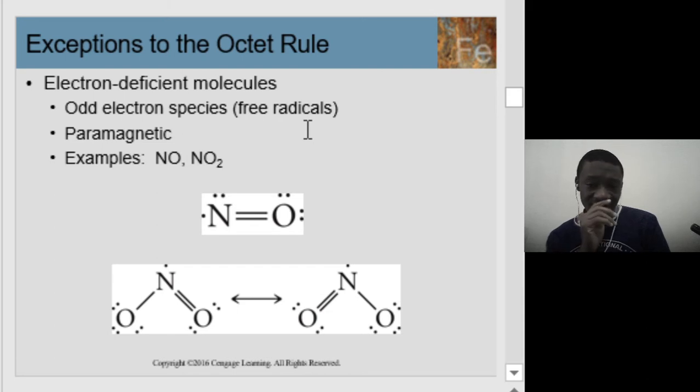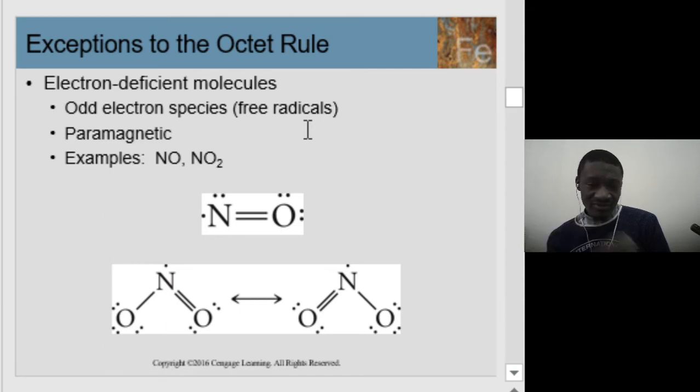So we have exceptions to the octet rule. I told you previously that there were some exceptions. There's always an exception; you always will have some that love to break the law. So there are what we call electron deficient molecules. These molecules lack electrons. When we talked about vitamin C, we talked about its deficiency, and we discovered it's called scurvy.